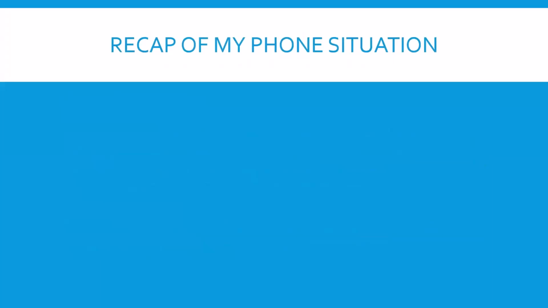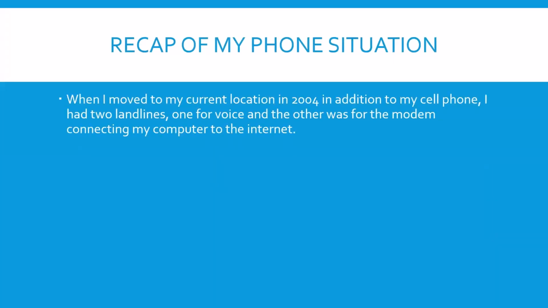So here's a recap of my phone situation. When I moved to my current location in 2004, in addition to my cell phone, I had two landlines, one for voice and the other was for the modem connecting my computer to the internet.